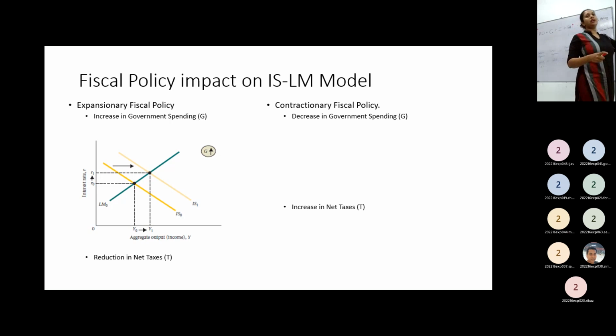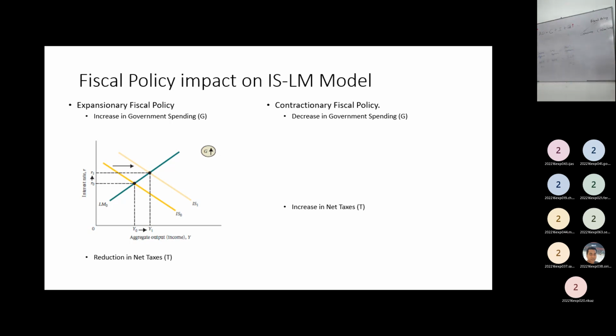So that means the economy's output or national income increases. Through which curve can you demonstrate it in the IS-LM model? Government spending increases, aggregate demand increases, which curve can you demonstrate it with? The IS curve. Why? The IS curve demonstrates the goods market, or rather, aggregate demand is shown only in the IS curve.